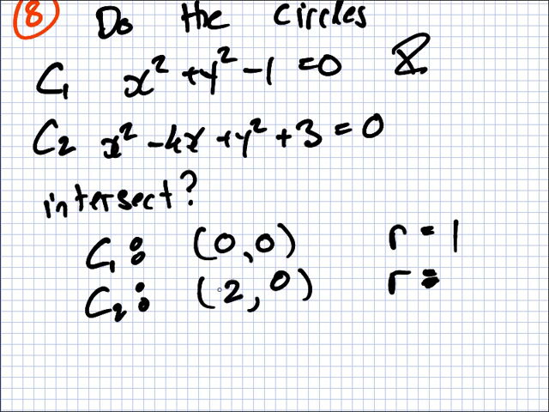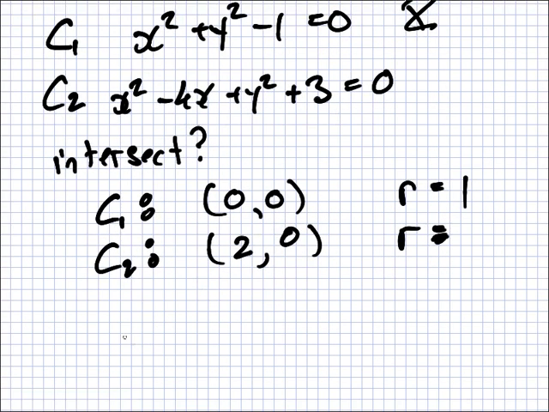And what did you get for the radius now? 7? What did you get for the radius? So if I look at this, that's the same as x minus 2 squared plus y minus 0 squared equals, it should be equal to a positive, I hope.